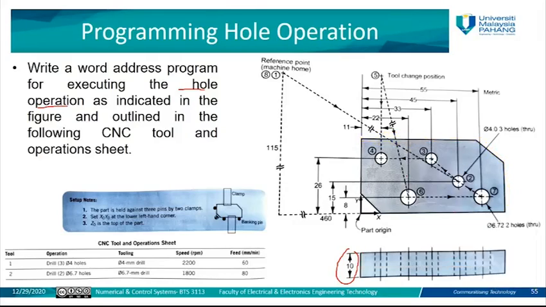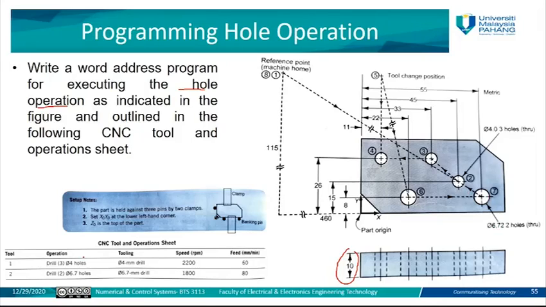As you can see, we have holes one, two, three, four, five. We have three holes with the same diameter and two with another diameter. That means we need two types of tools. The first has a diameter of 4 for three holes, and here the diameter is 6 for the hole number 7 and number 6.